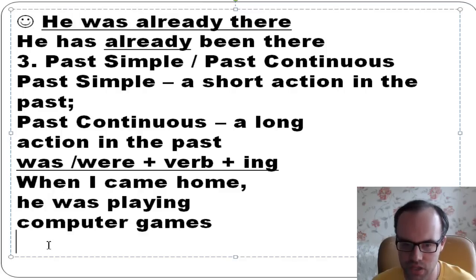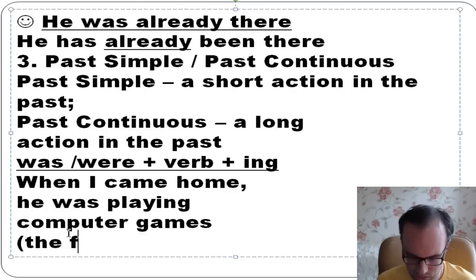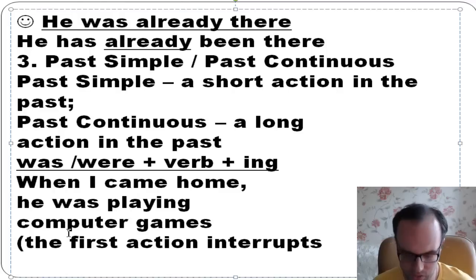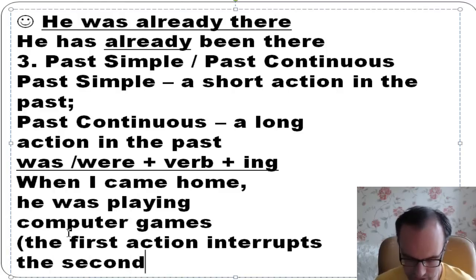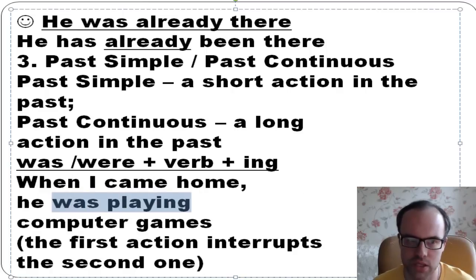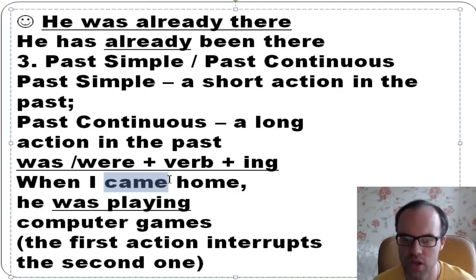The first action interrupts the second one. So there is one long action, was playing, and there is a short action. When I came home, he was playing computer games.